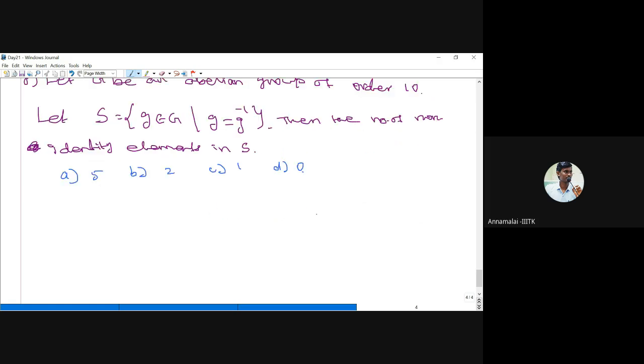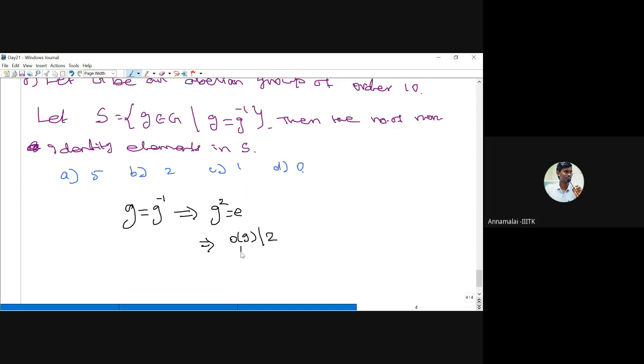Now, how to solve this one? Given that we have to find g satisfying g equal to g inverse, multiplying both sides by g, we get g squared equal to identity. So g squared equal to identity means the order of g should divide 2.